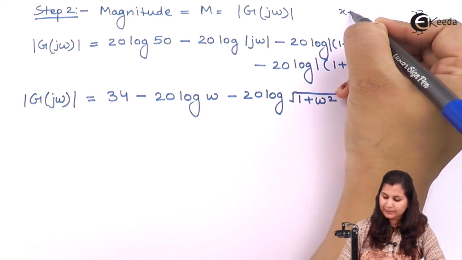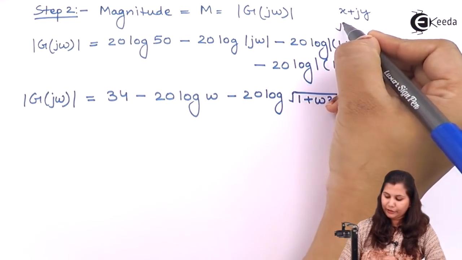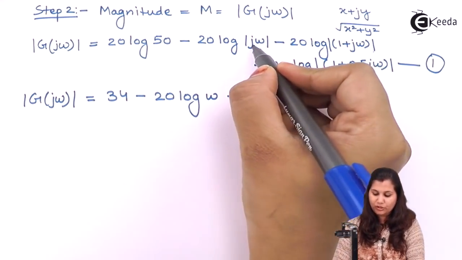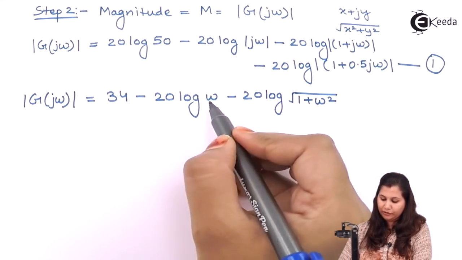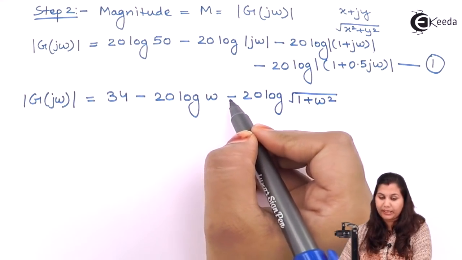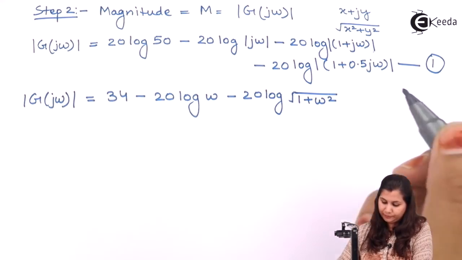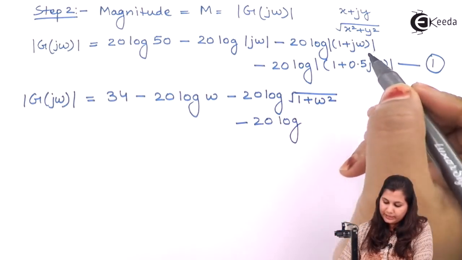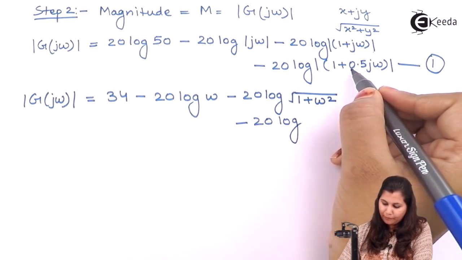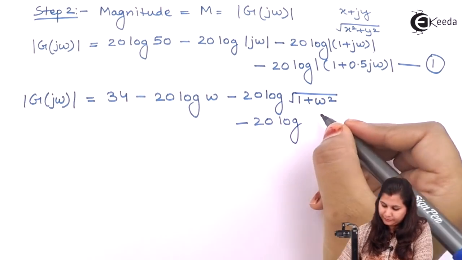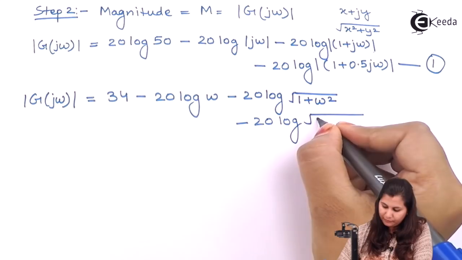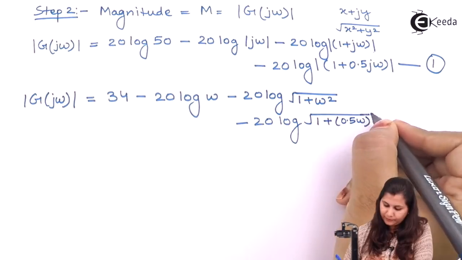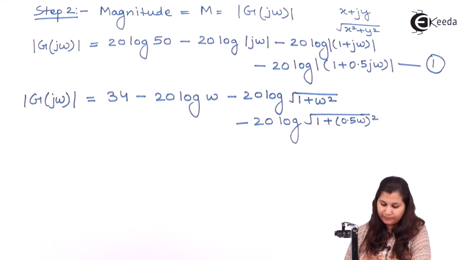Like if we have x plus jy, then its magnitude will be under root of x square plus y square. Here we have j omega, so its magnitude will be under root of 0 plus omega square. So omega we have written here. Now here the magnitude will be minus 20 log under root of 1 plus (0.5 omega) square. So this is the magnitude expression.